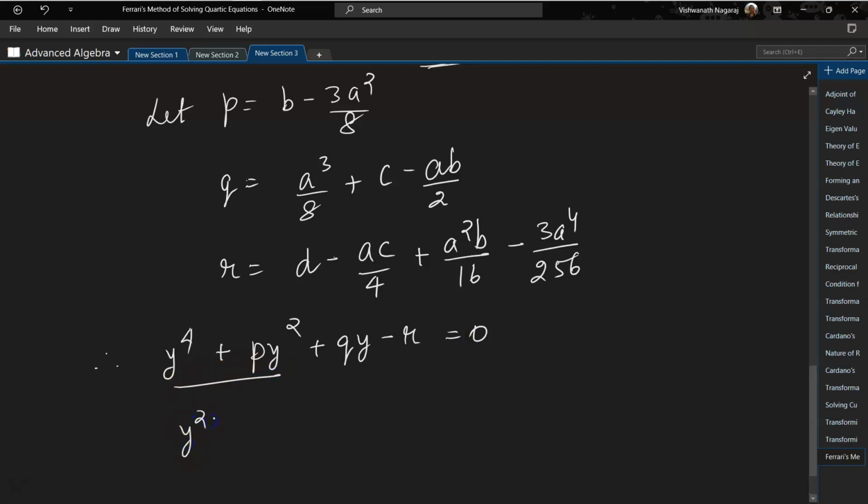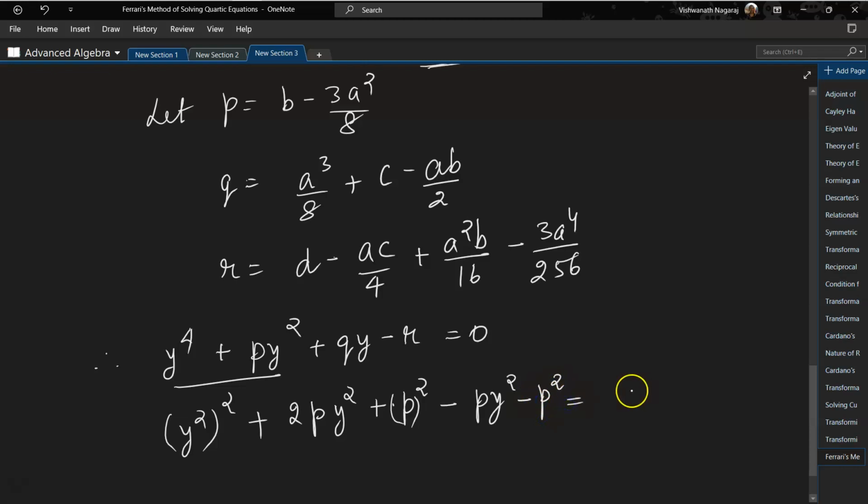So if I say (y² + p)², I get y⁴ plus 2py² plus p². This has actually become a perfect square now, but I have added some terms, so I have to remove them. I've added py², so minus py², and I've added p², so minus p², is equal to, and let's take the qy and r to the other side, so minus qy plus r.